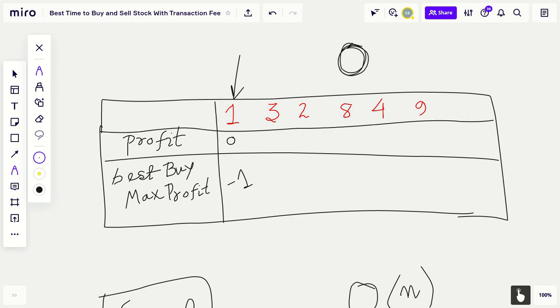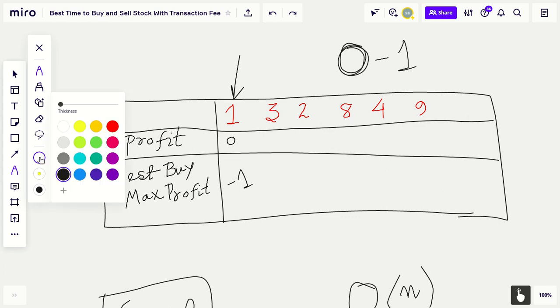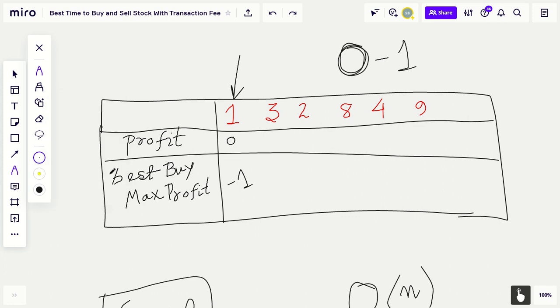So when you are buying the stock, you are giving money, and that is why you are running a profit of -1. Why are we not putting this one over here? Because obviously if this is a bad option, we are certainly choosing the best option, that is we are not going to start any transaction.